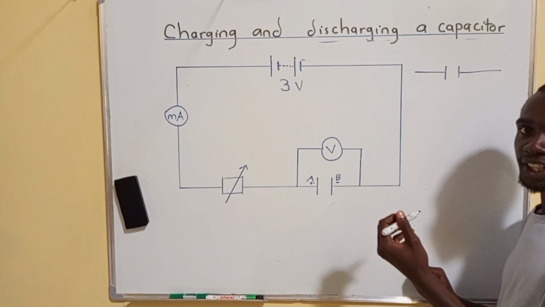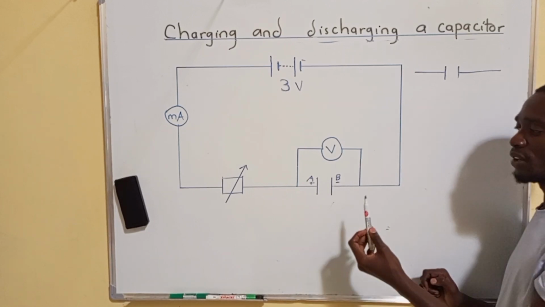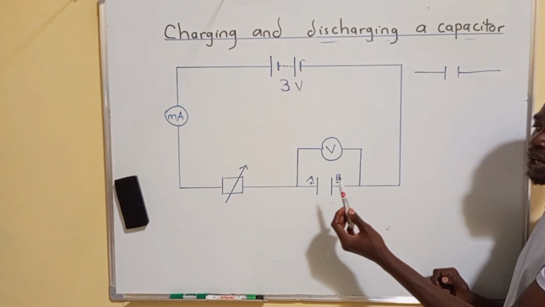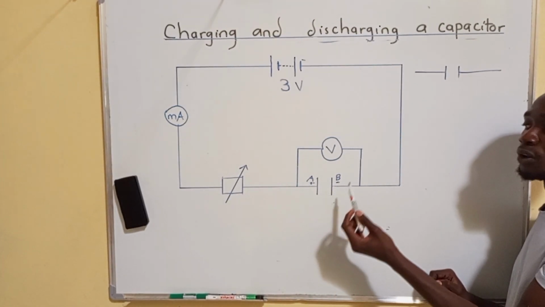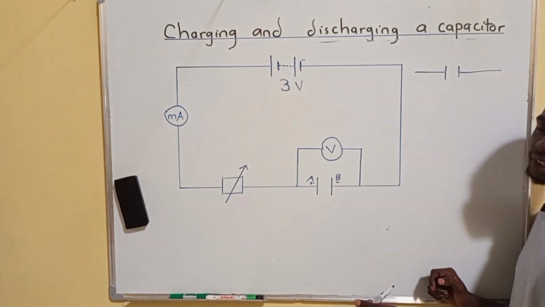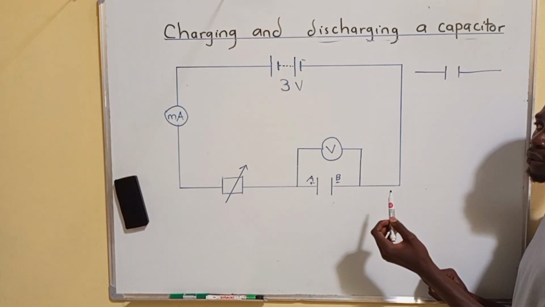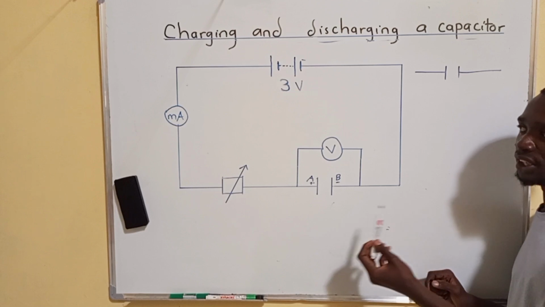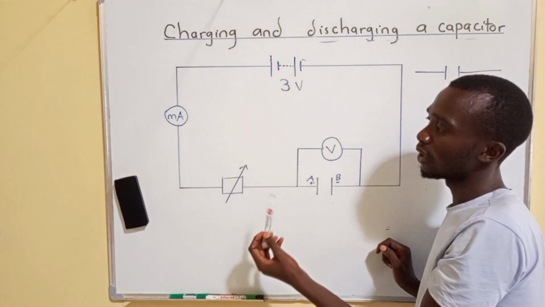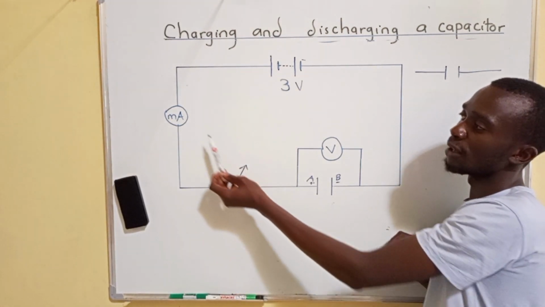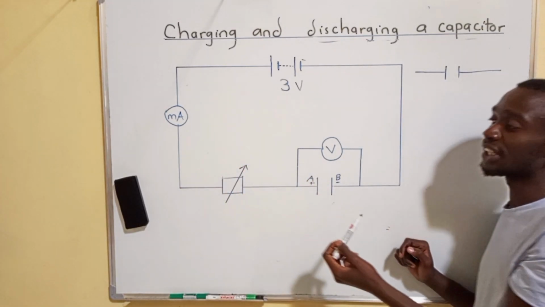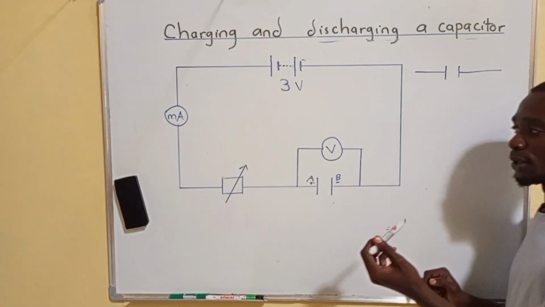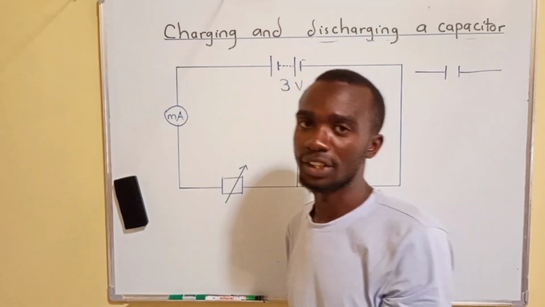So when the capacitor is fully charged, it is found that equal positive and negative charges are found on plate A and plate B respectively. At the same time, when the capacitor is fully charged, the current does not flow, and this means that the milliammeter does not deflect, meaning the current has stopped flowing because the capacitor is fully charged.